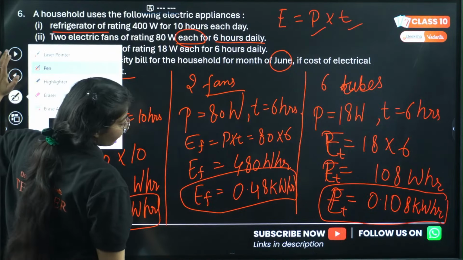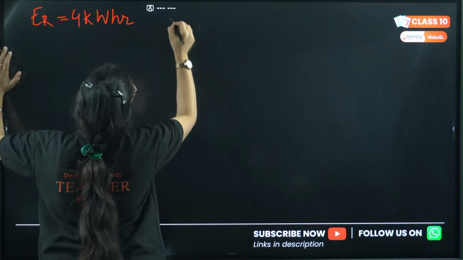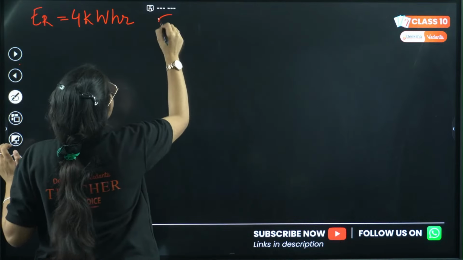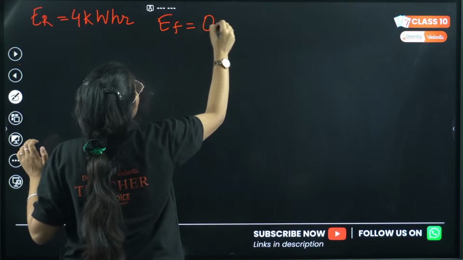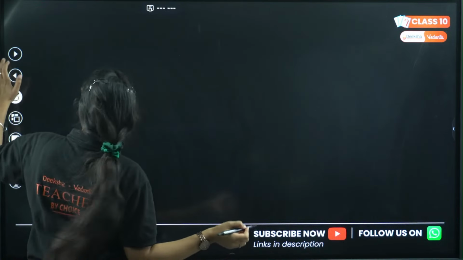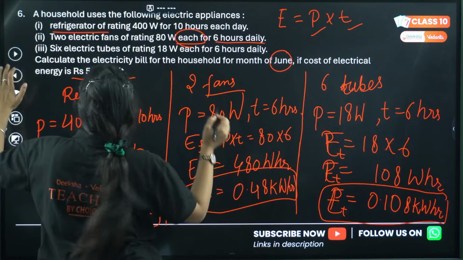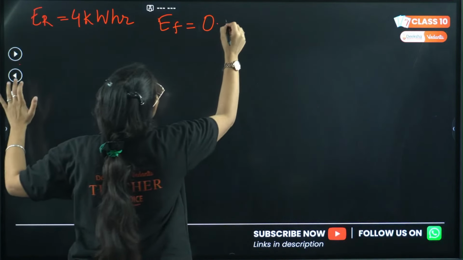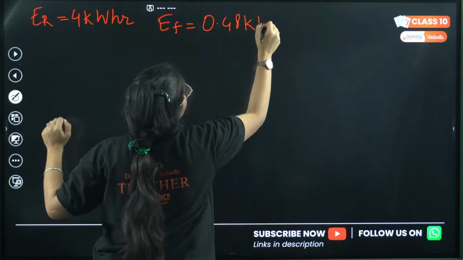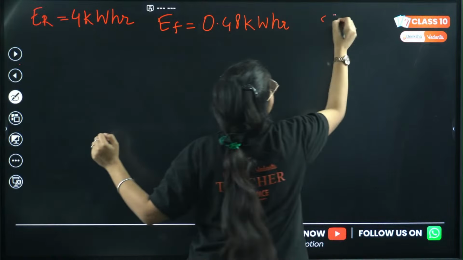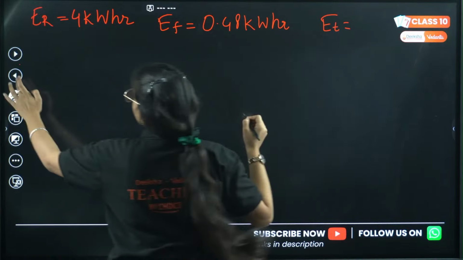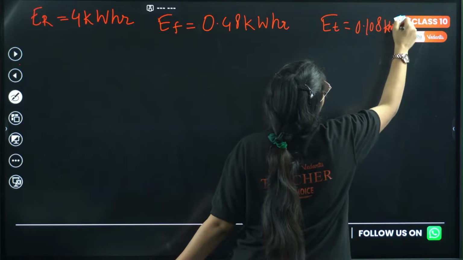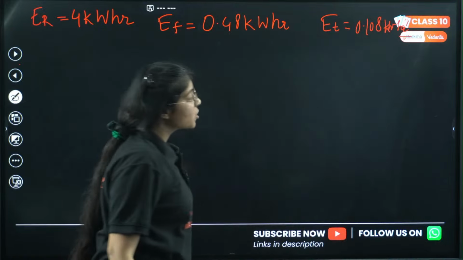Electrical energy of a fan is 0.48 kilowatt hours, and electrical energy of a tube was 0.108 kilowatt hours. Correct? This is true.